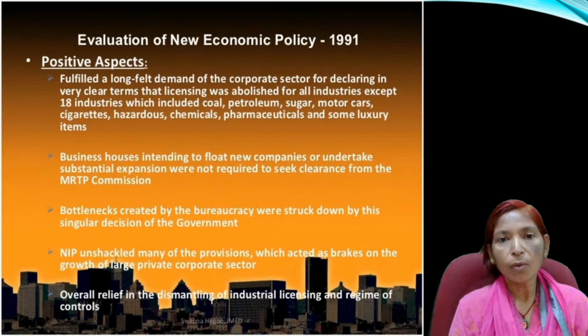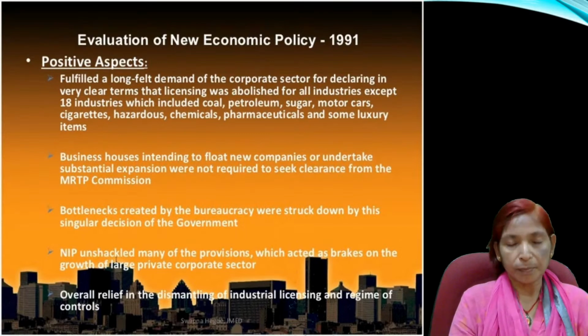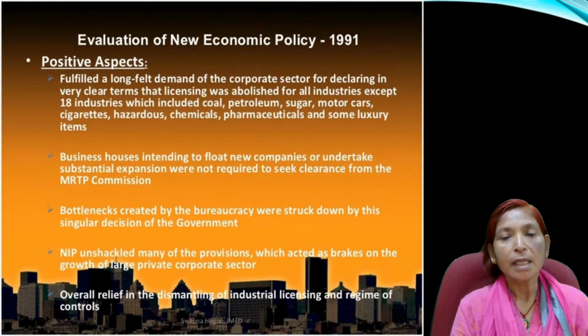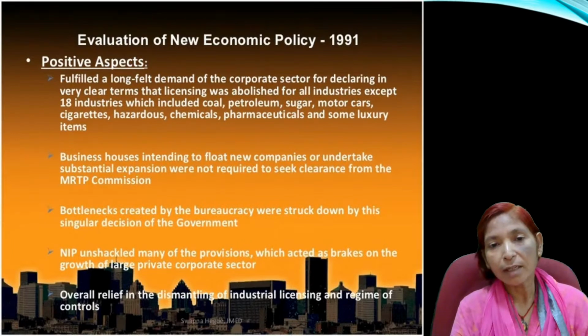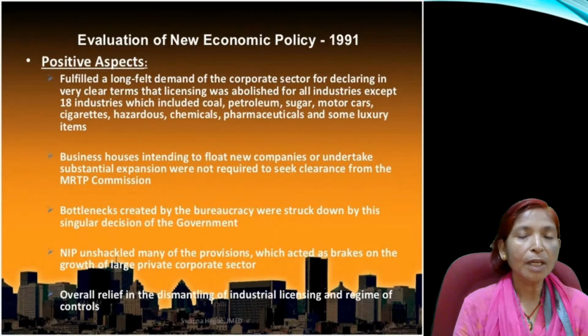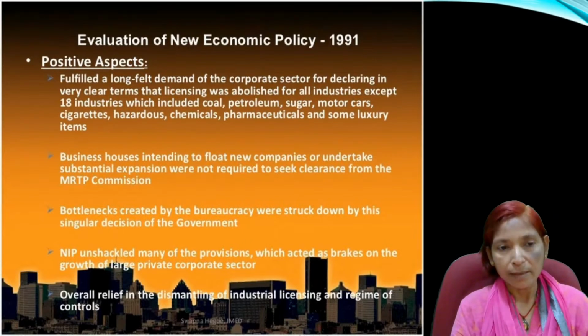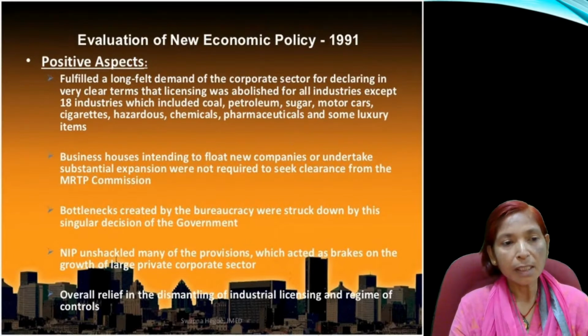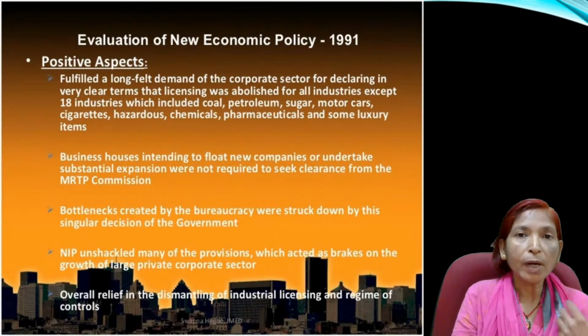At present, only cigarettes, hazardous chemicals, pharmaceuticals, some explosive chemicals, and alcoholic drinks are industries that should take a license before starting. Rest of the others need not take any license.